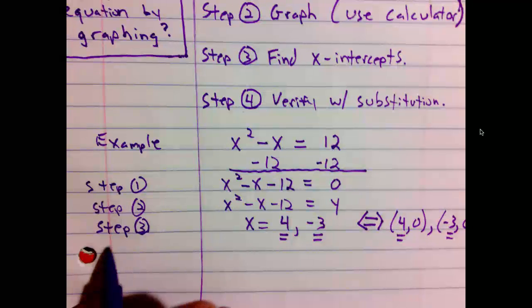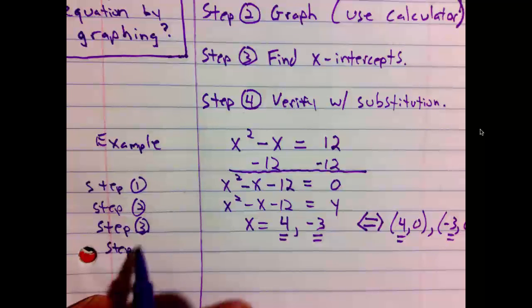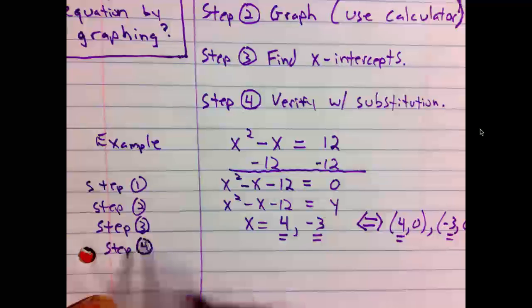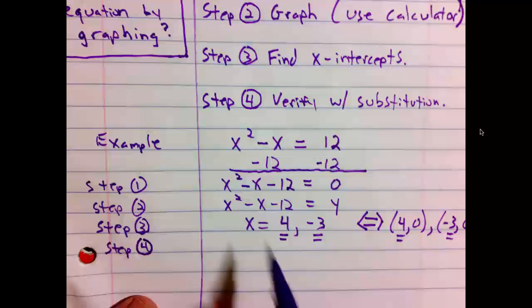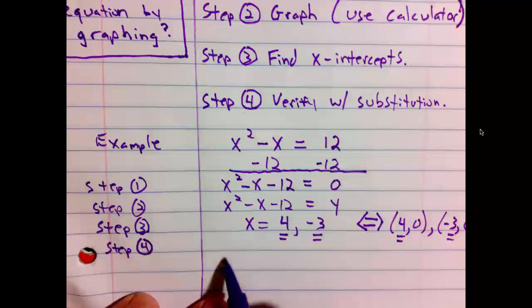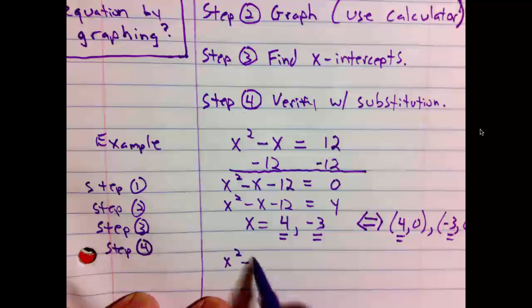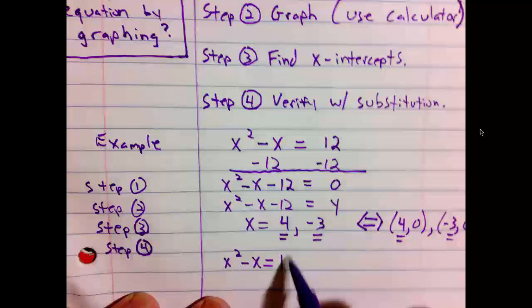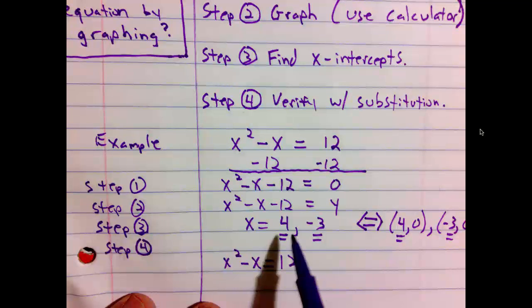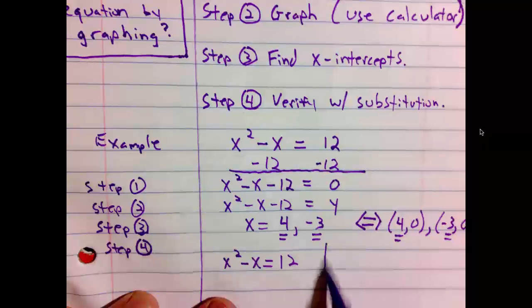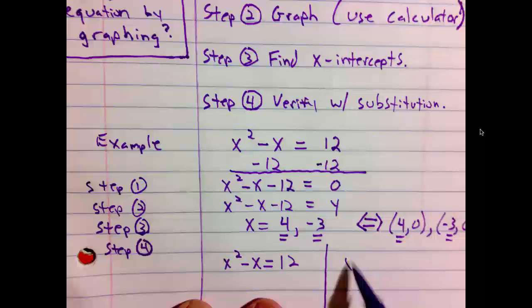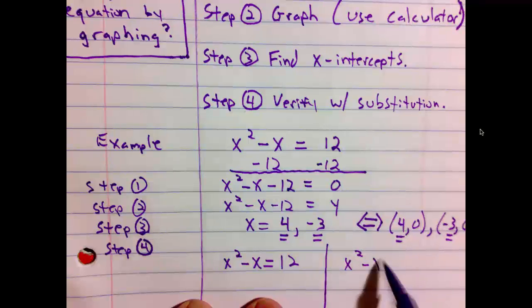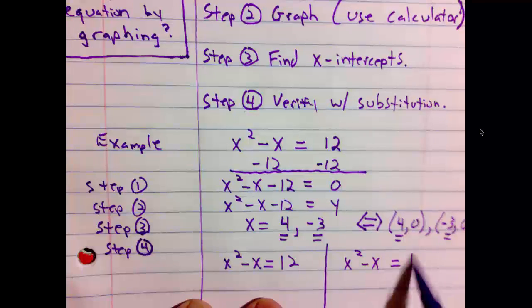Step 4, we're going to check this through substitution. Well, our original equation was x squared minus x equals 12. I'm going to substitute both 4 and -3, so we'll need to substitute twice. X squared minus x equals 12.